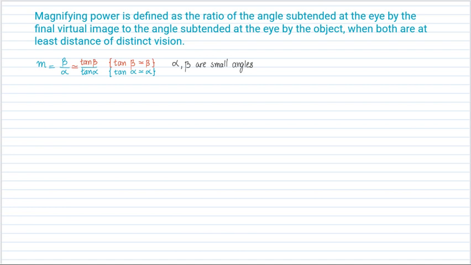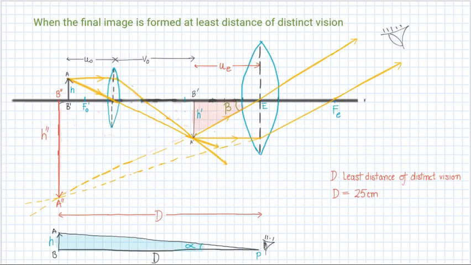Now if you go back to your figure, consider this red triangle. In this red triangle, tan beta can be written as the ratio of the opposite side A dash B dash upon your adjacent side. The adjacent side is represented by UE.